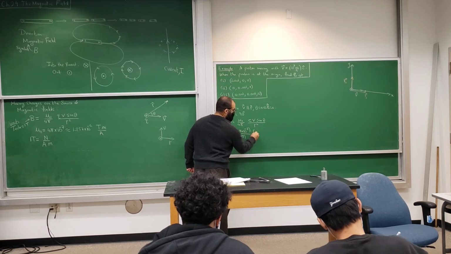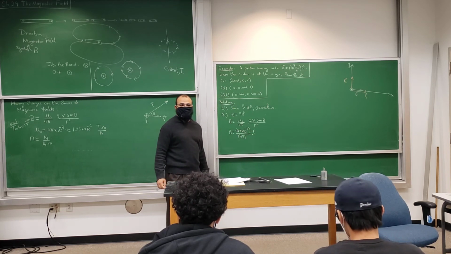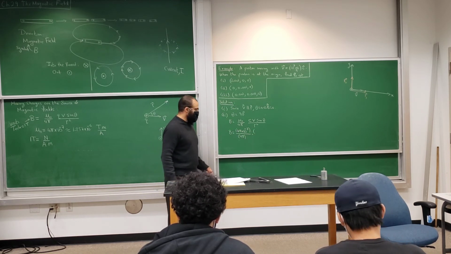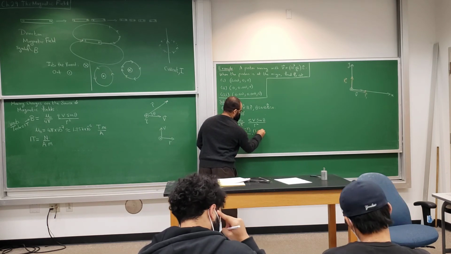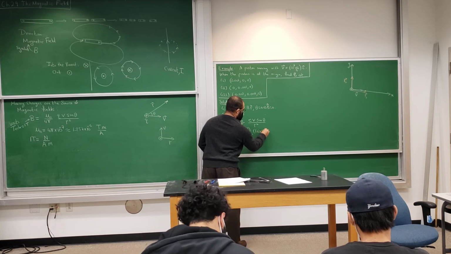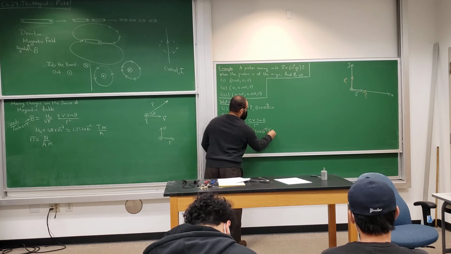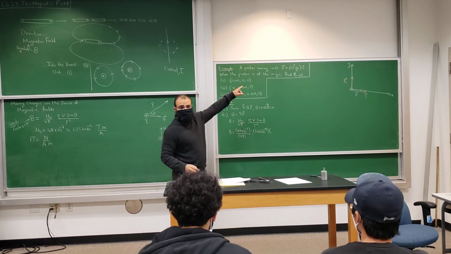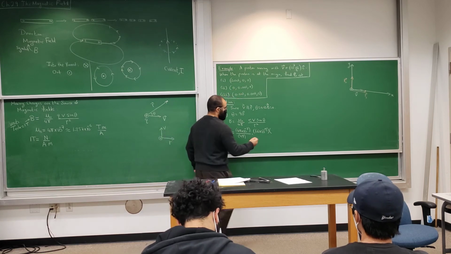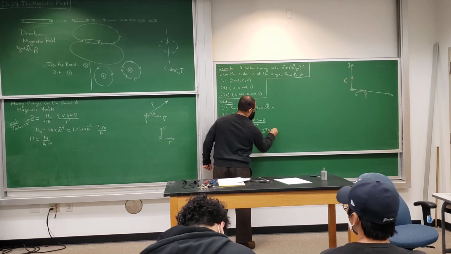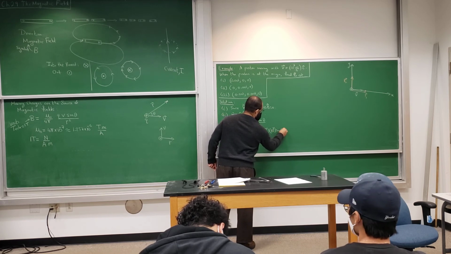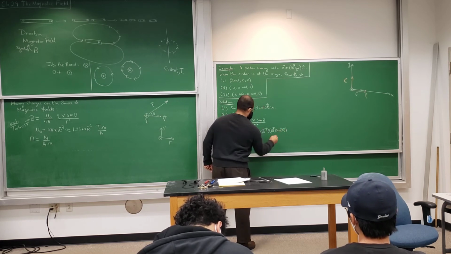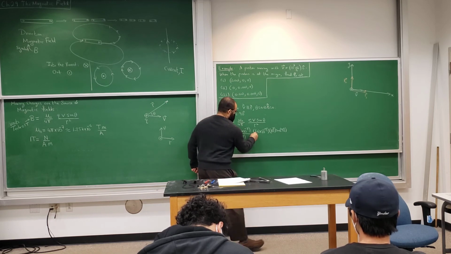And then e is what? What's the charge of a proton? 1.6 times 10 to the minus 19. The velocity, or the speed in this case, is 10 to the 7th. And then sine of 90 degrees, which is 1, divided by r squared.